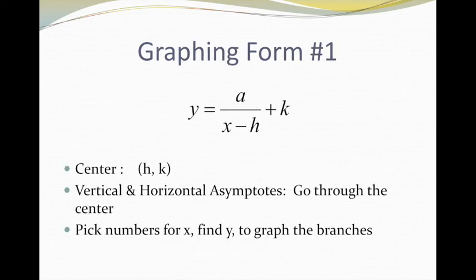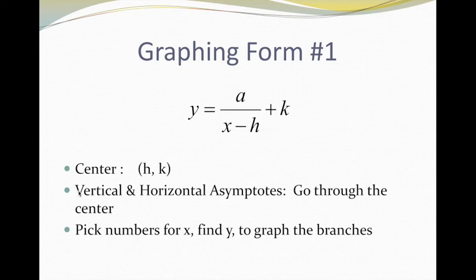Okay, graphing form number 1. When a rational function is in the form y equals a over x minus h plus k, your center is h, k. Remember that h is the opposite sign.